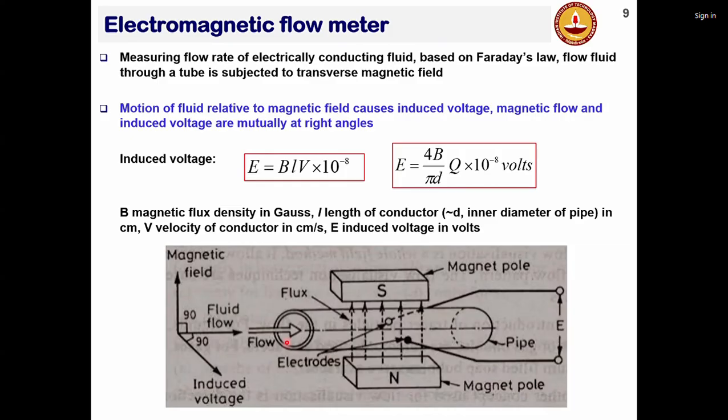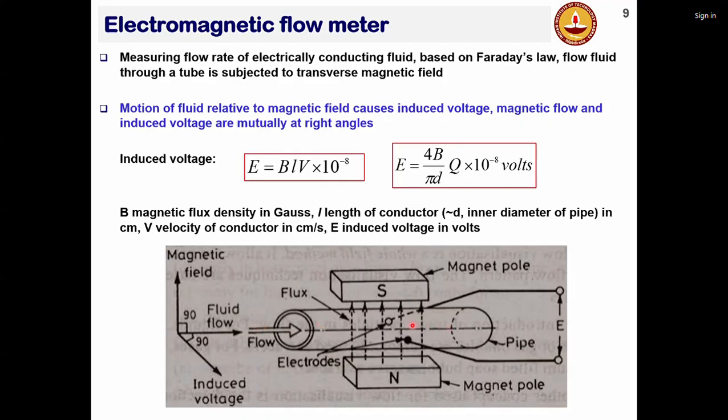The principle is basically based on Faraday's law. You have a magnetic field that is established, and if there is no flow, the magnetic field lines are straight. When there is flow, the fluid cuts through these existing magnetic lines.